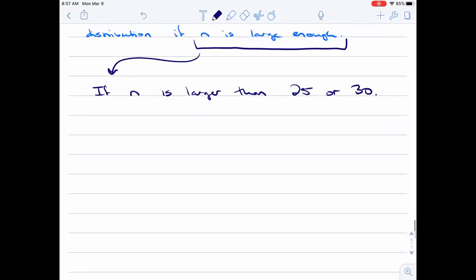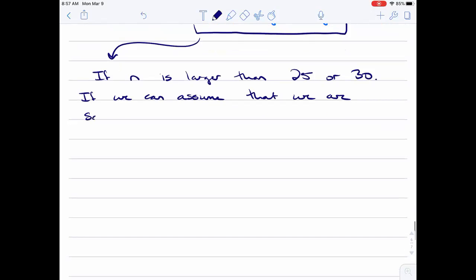And if we can assume that we are sampling from, not necessarily normal, but a unimodal symmetric distribution, so only one hump, usually that means the normal distribution.